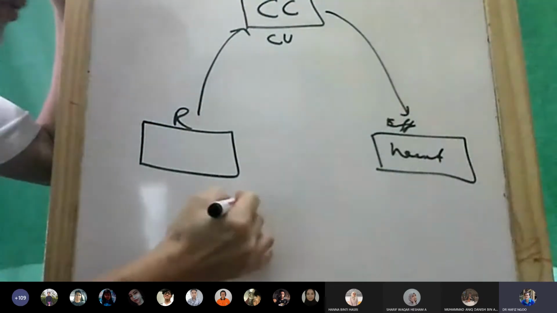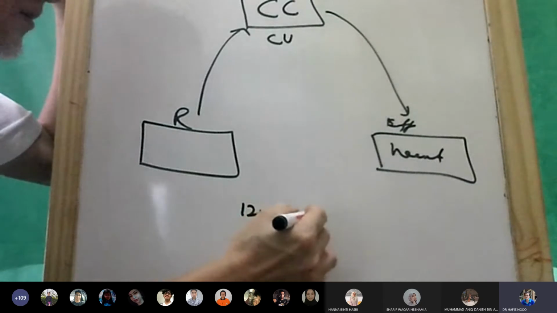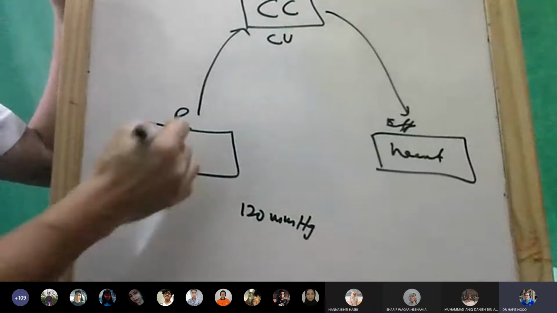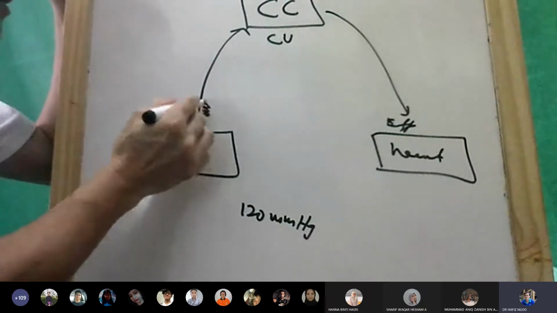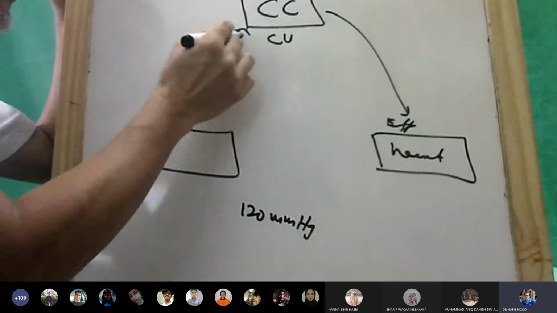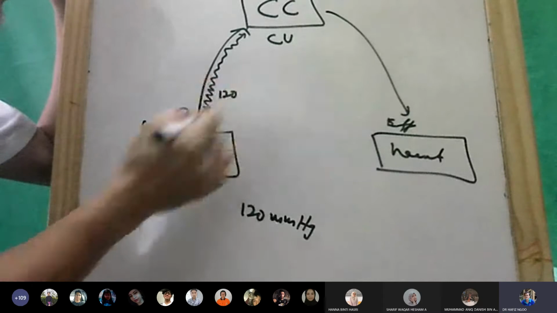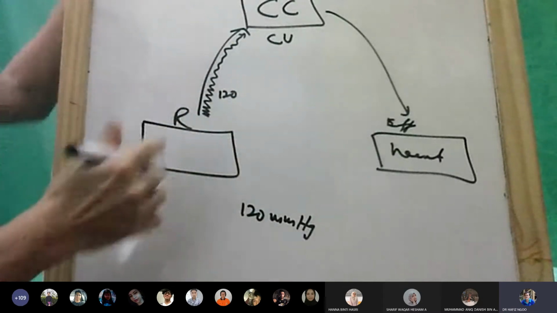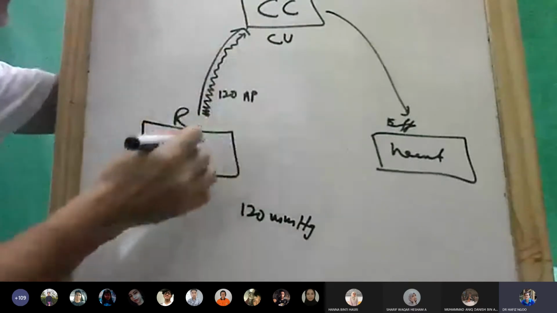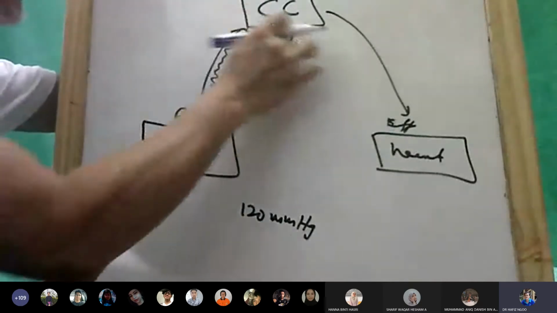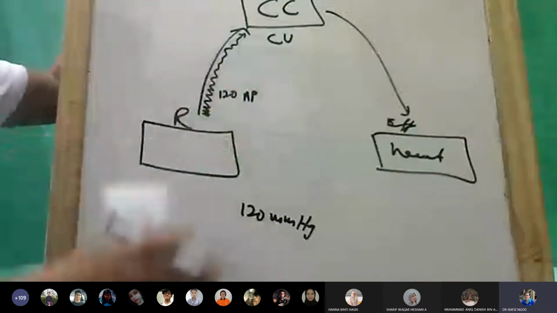If our blood pressure is 120 millimeters of mercury, it has a basic tone, in the sense that the action potential sent has a certain frequency. Assuming it sends 120 action potentials per minute to the control center, that is integrated as 120 millimeters of mercury. This is just an assumption.